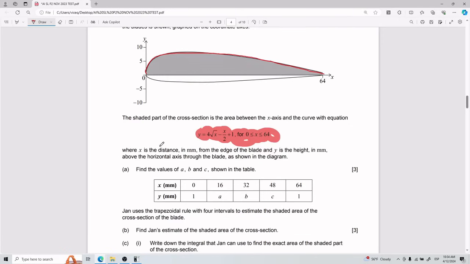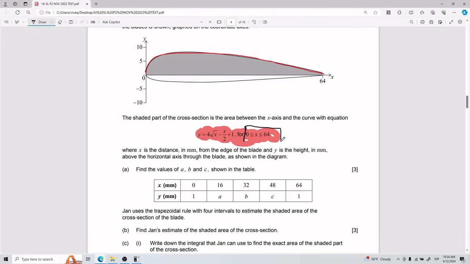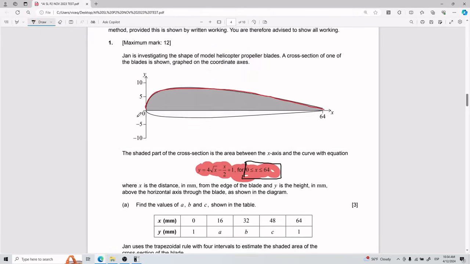Basically x is going to be the distance in millimeters from the edge of the blade, and y is the height. And so why would you have that x is between 0 and 64? Well, because that is actually how long the blade is, from 0 to 64.